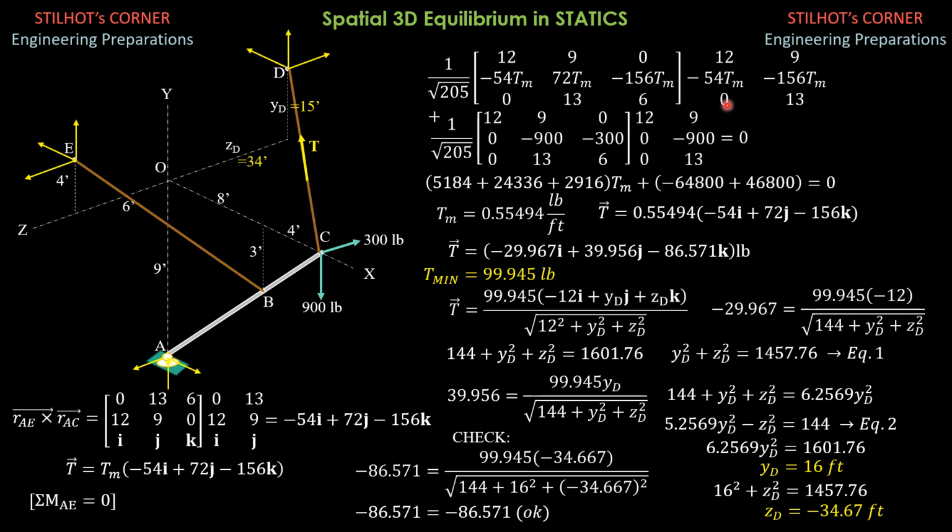Then 0, 0, and minus 0. This is positive 13 times 156 times 12, that is 24,336 T sub n. Then 6 times negative 6 times 84 times 9, that's positive 2916 T sub n.